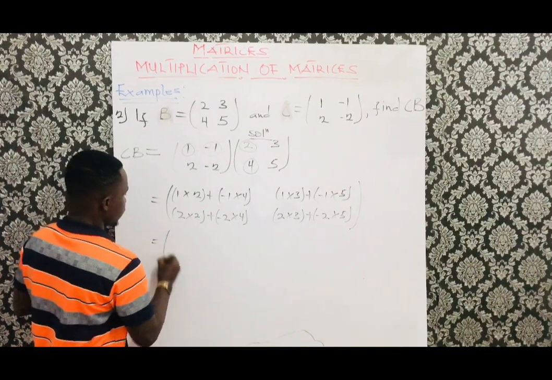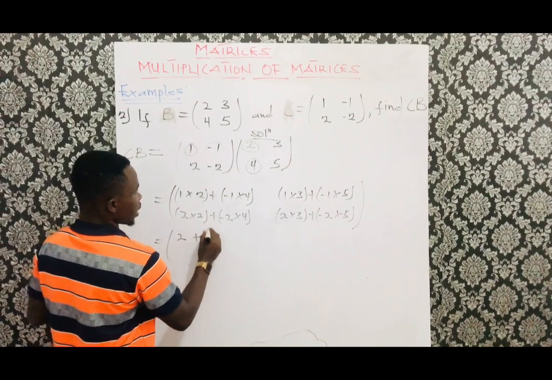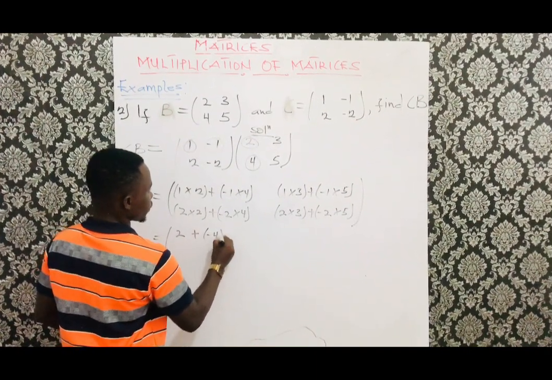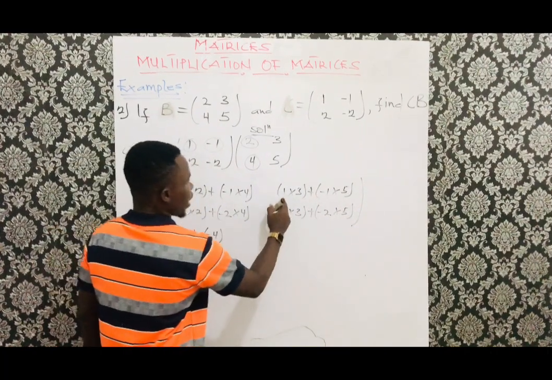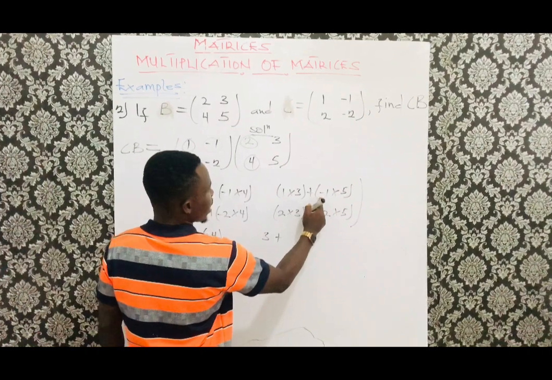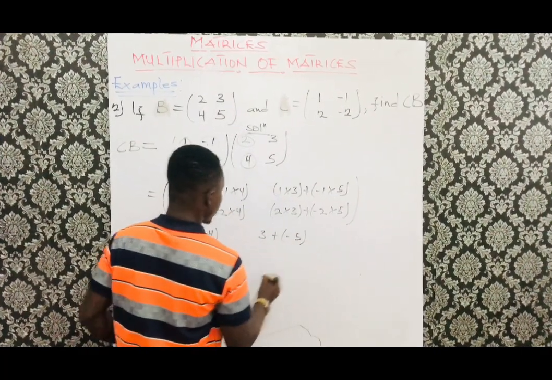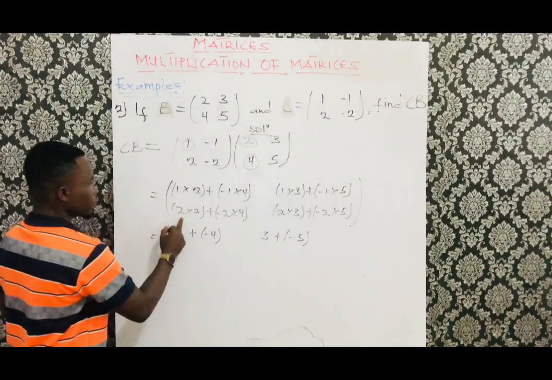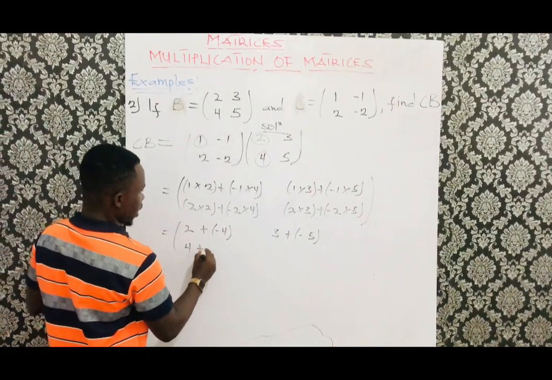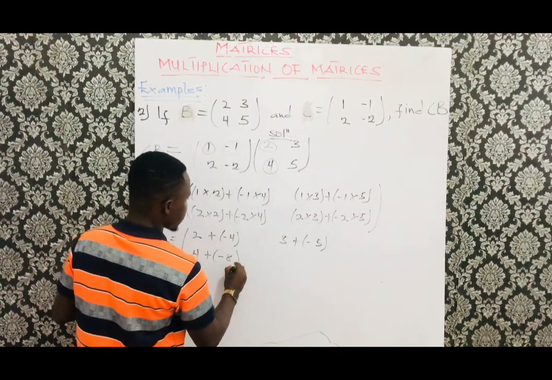So we have 1 times 2 gives us 2 plus negative 1 times 4 gives us negative 4. 1 times 3 gives us 3 plus negative 1 times 5 gives us negative 5. Here we have 2 times 2 gives us 4 plus negative 2 times 4 gives us negative 8.